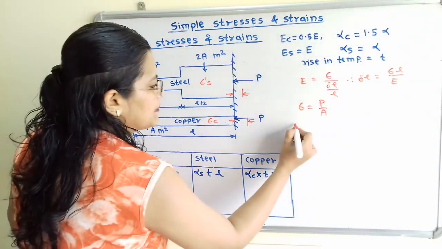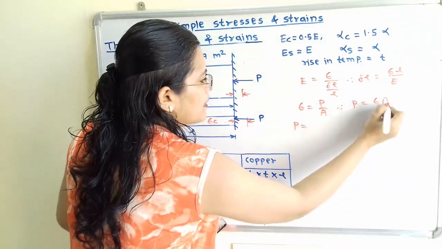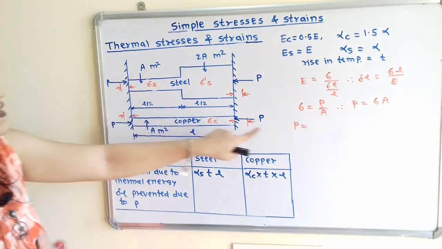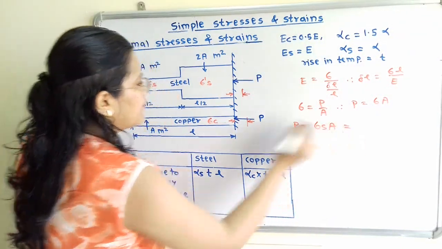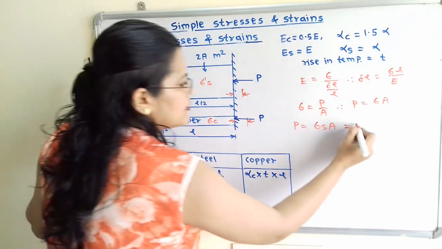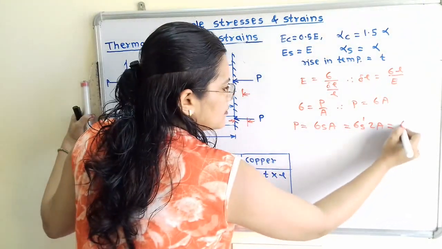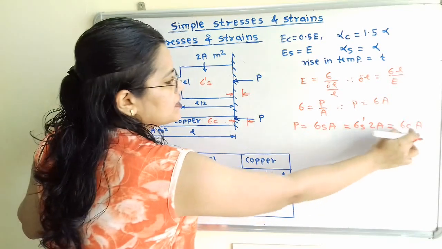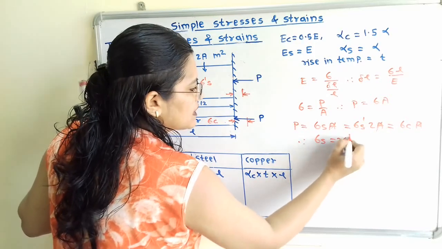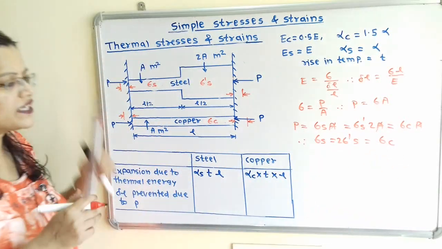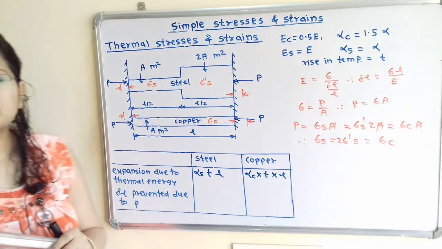So P is equal to sigma into A. For this diagram we write P is equal to sigma S into A, is equal to sigma dash S into 2A, is equal to sigma C multiplied by A. If we observe, A is the common term and we can cancel it, therefore sigma S is equal to twice sigma dash S is equal to sigma C. So this is the relation between the stresses for the steel material as well as for the copper material.